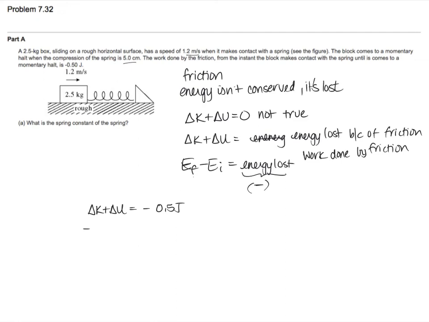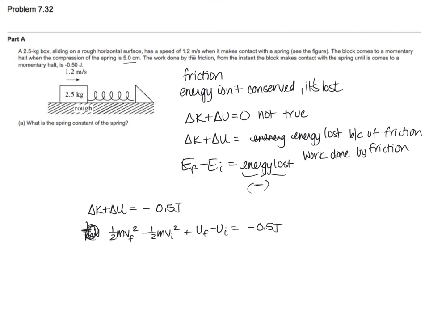This is 1/2 mv final squared minus 1/2 mv initial squared, and then plus our change in potential energy. We'll look at this in a minute.